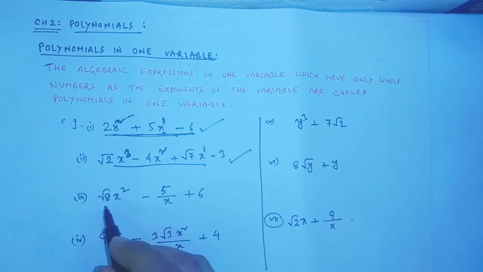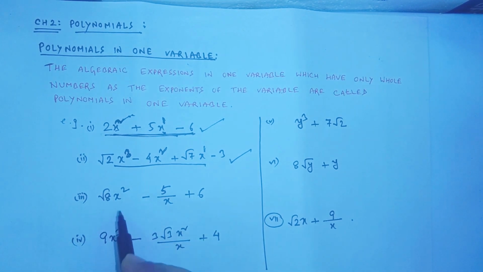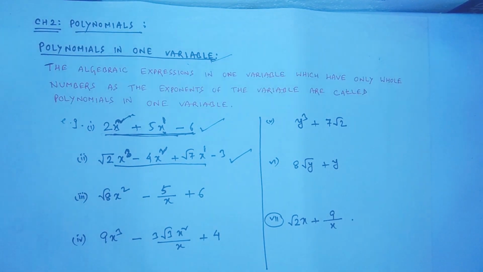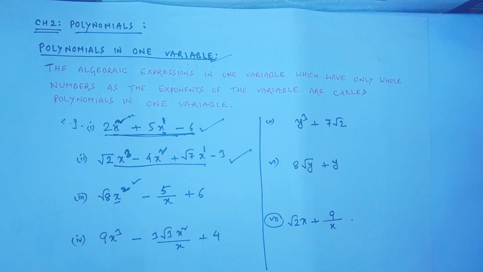Let us discuss example 3. Here the expression is root 8 x square minus 5 by x plus 6. First of all, it is in one variable, so the first condition is satisfied. Second, you see the exponents. This x has exponent 2, it is a whole number. But look at this 5 by x.